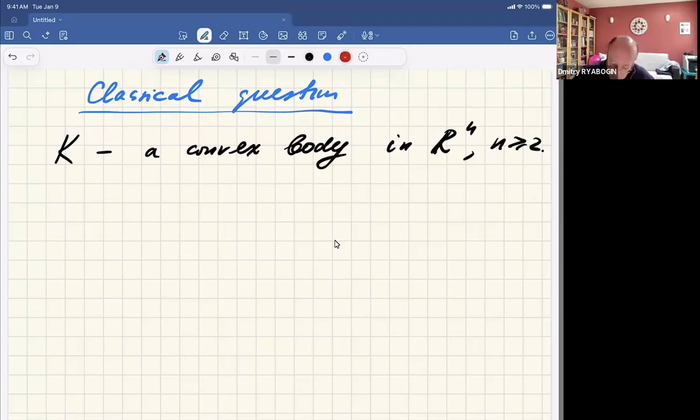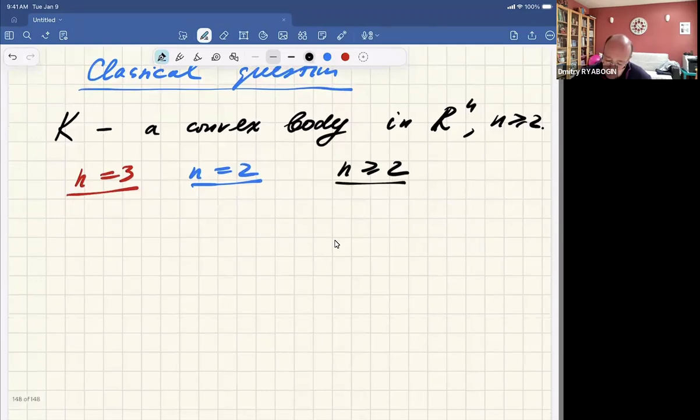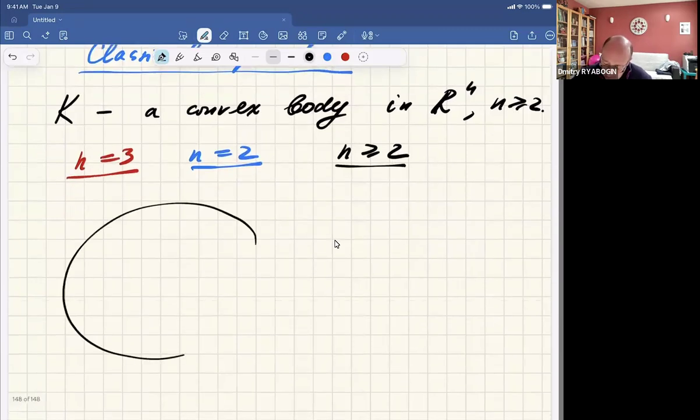But please think in the following order: when I say K, think that n is equal to 3, the usual sense. Then think about n equal to 2, and then about your favorite dimension greater than or equal to 2. So I have a convex body in Rn, something like this.